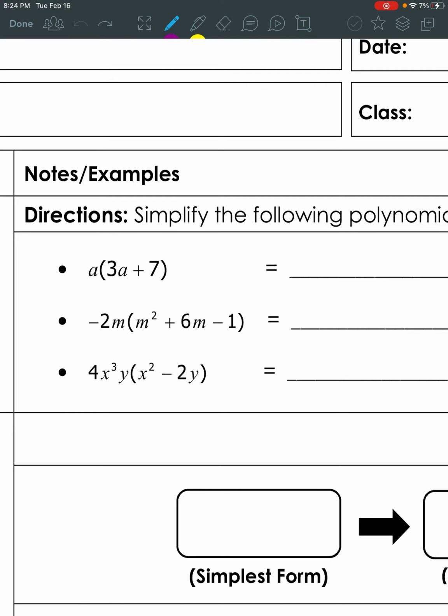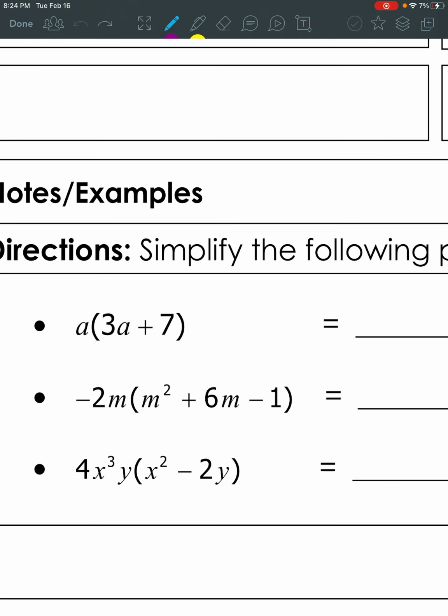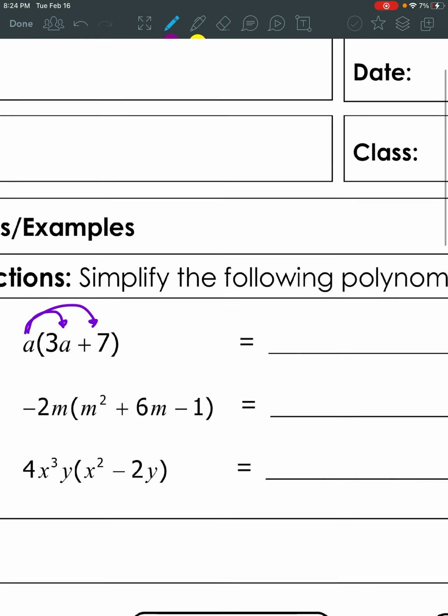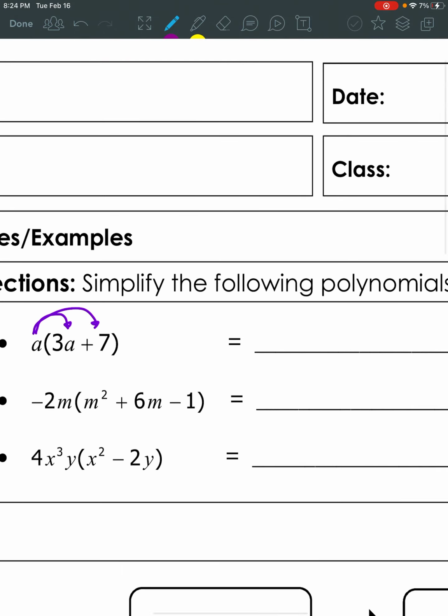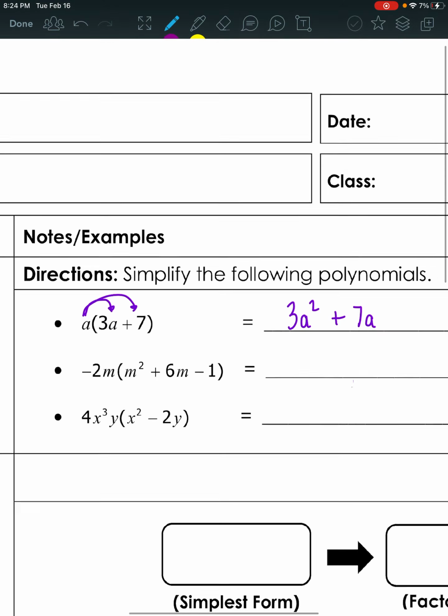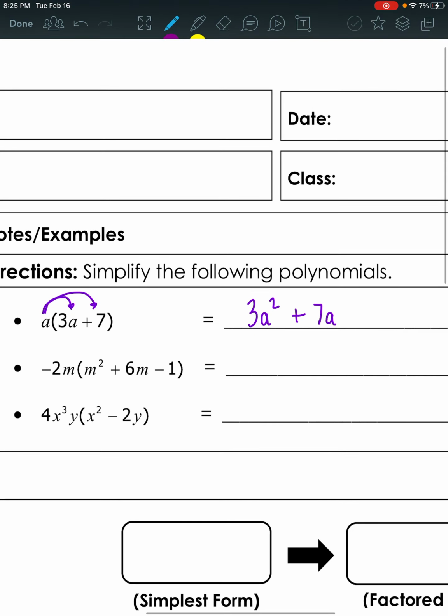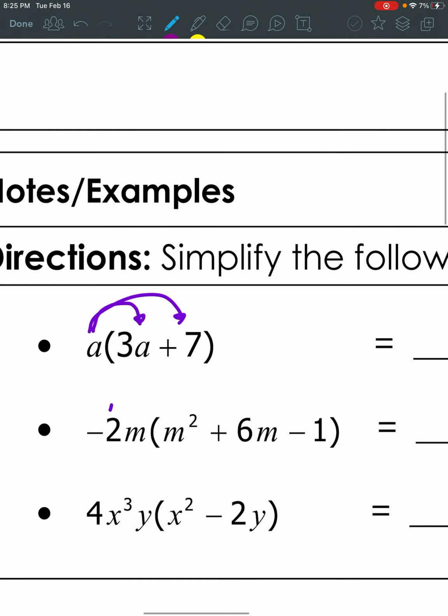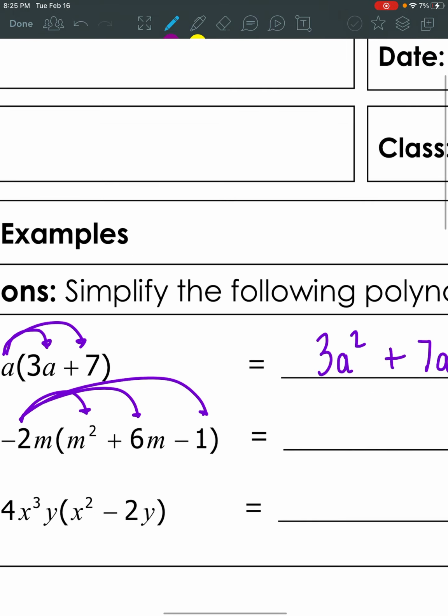So this first example, we took a monomial a and distributed it to both terms inside the binomial. So we would get 3a squared plus a times 7, so plus 7a. And we couldn't simplify any further than that because those are different terms. Same thing, next example, we would distribute a negative 2m, and we are distributing it to all three terms this time.